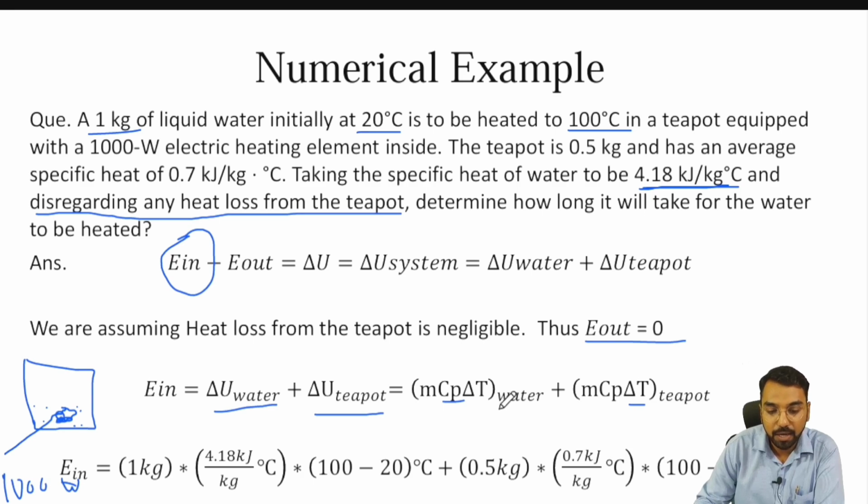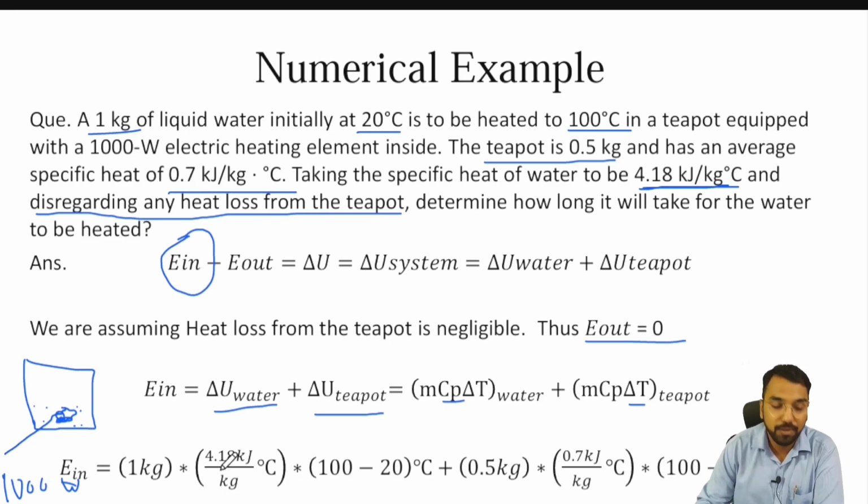Similarly, for the teapot we put in 0.5 kg, its specific heat of 0.7 kilojoule per kg degree Celsius, and the temperature difference of 100 minus 20 degrees Celsius.